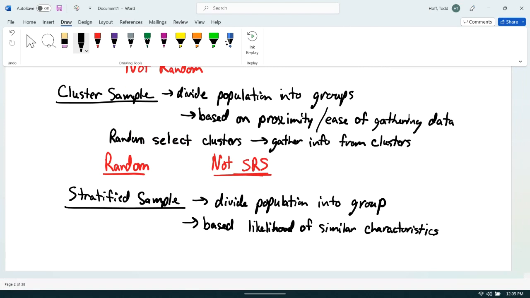So let's say we wanted to gather information from people that have an interest in the school. So let's say we want to gather information from students, but also from staff and from parents. So there's a logical division of groups. One group would be the students, one group would be the staff, one group would be the parents. So then we select a proportional amount from each of those groups.